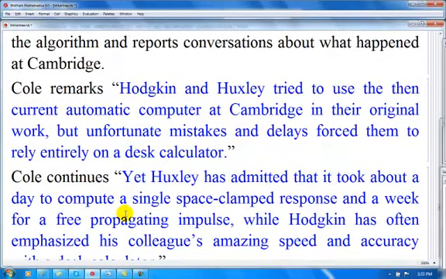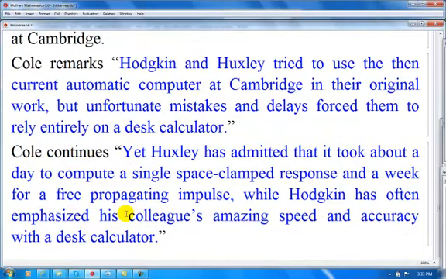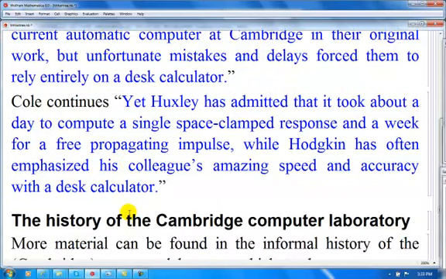Cole continues, "Yet Huxley has admitted that it took about a day to compute a single space clamp response and a week for a free propagating impulse, while Hodgkin has often emphasized his colleagues' amazing speed and accuracy with a desk calculator," presumably because he spent most of the war doing this kind of thing.